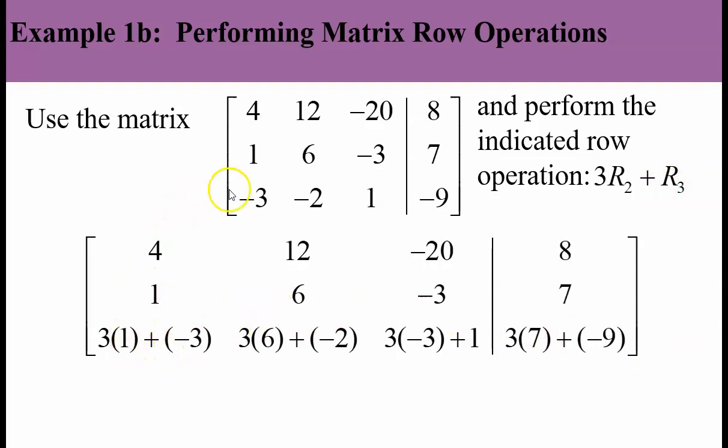So there's our 1 in row 2 that we're going to multiply by 3. So 3 times 1 is 3, plus -3. I can write this out for you so you can see it in action.